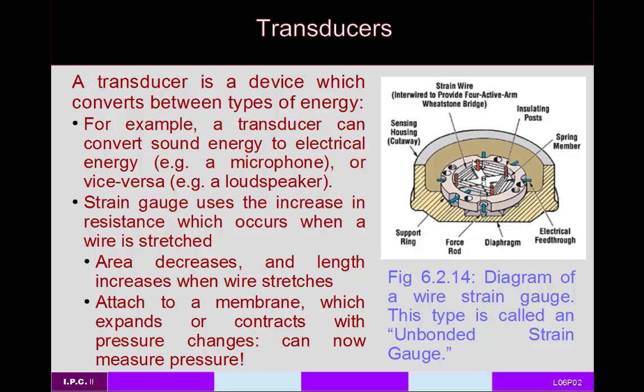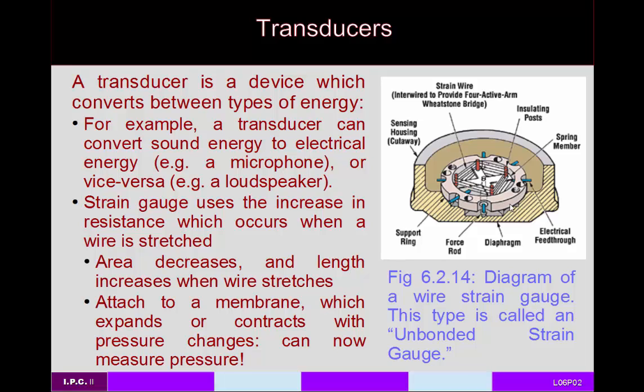Another use of it is to build what's called a strain gauge. What that does is it uses an increase in resistance which occurs when a wire is stretched. So you can see a little strain wire that's wrapped around a bunch of insulating posts. Basically, if some strain is placed on this wire, it stretches, and that means that the area decreases, which drives the resistance up, and the length increases, which also drives the resistance up.